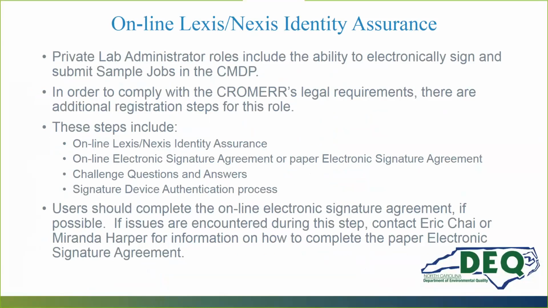Because when we get into CMDP, you'll see that those 5 security questions that you create, you're going to be asked those questions every time you certify and submit a sample. And that's just a way that EPA, again, can verify your identity, that you're the person that created this account.